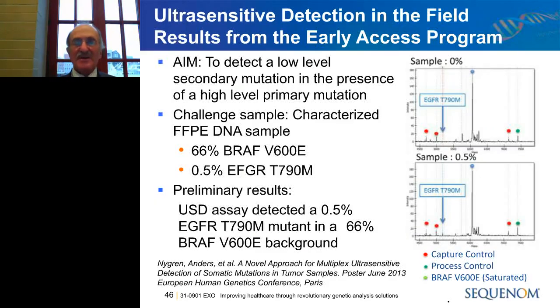Well, this shows a clinical sample in which it's actually an archival paraffin embedded sample, in which there's an activating EGFR mutant present at a high abundance, and in one sample, a very tiny amount of mutant T790M EGFR sequence, and you can see that it's quite visible.